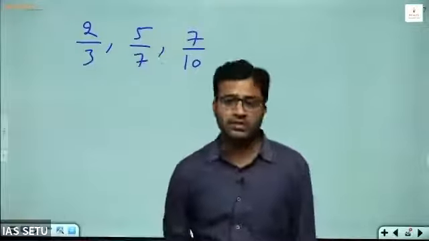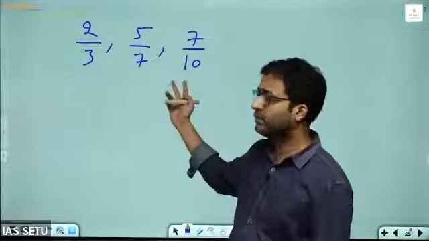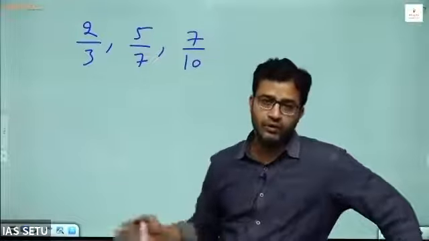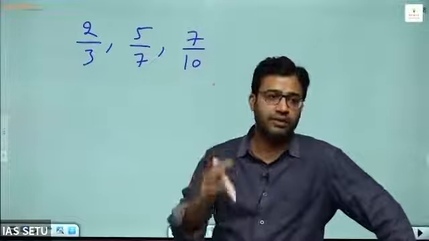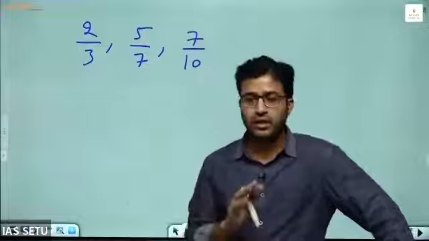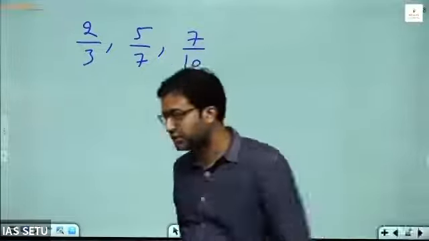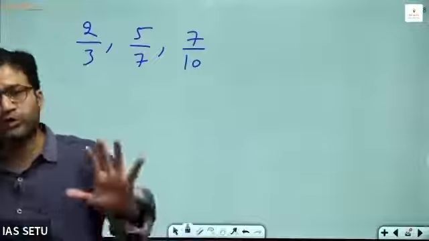So here someone suggested me first compare this two, then compare this two, then compare. यही काम रहेगा फिर. You are having one tournament of 3 players. You have to find which one is the best, second, third. यही करते रहेंगे. We can overcome this limitation when there are 3 fractions given. We can use cross multiplication.